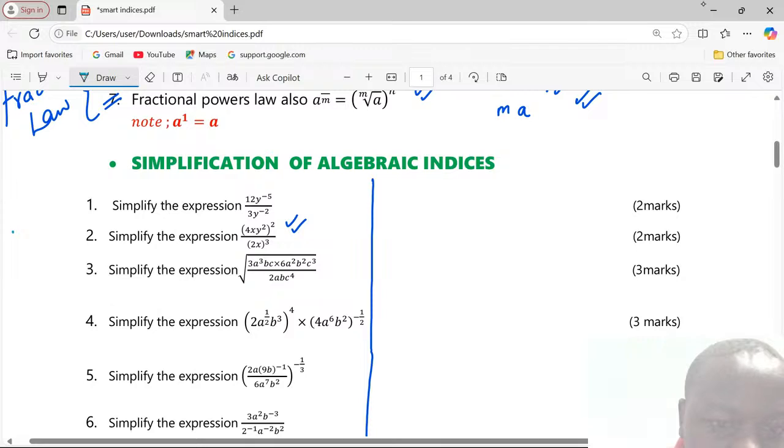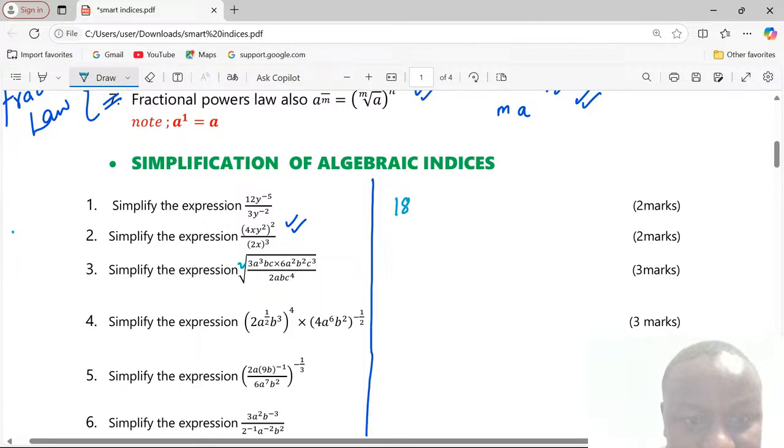So this is automatically a square root, and everything is to the power of half. Now we can first of all combine what can be combined. For example, we have 3 and 6, which gives us, let's say, 18.